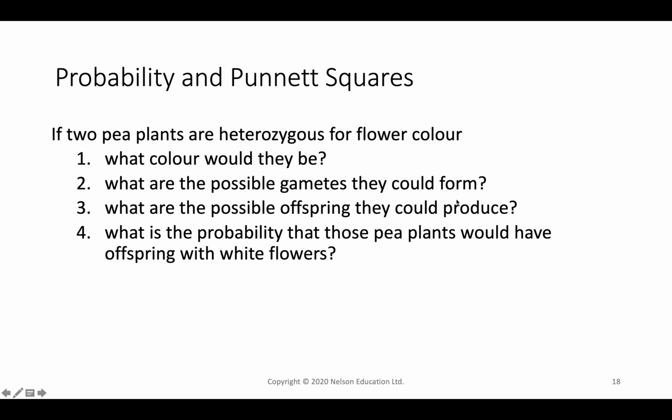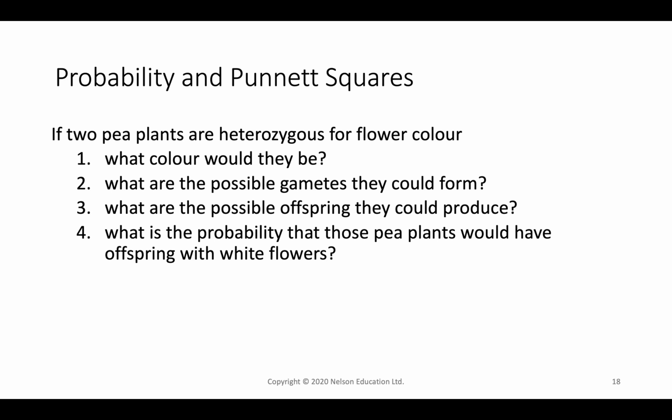What are the possible gametes that they could form? Well, they have one capital P and one lowercase p, right? One dominant and one recessive. So they could form 50-50, capital P and lowercase p. What offspring could they produce? Well, that depends on what they're crossed with, right? I'm assuming that we're crossing them with another one of the heterozygotes, in which case we have 3 different options.